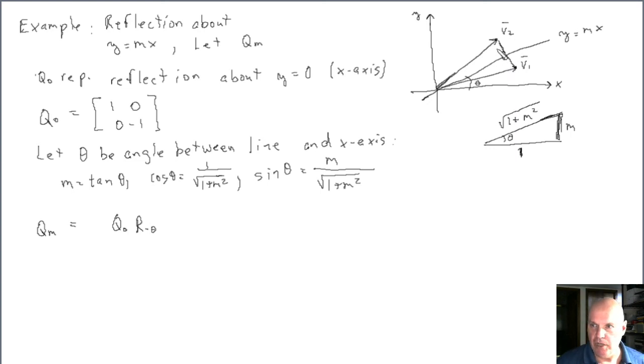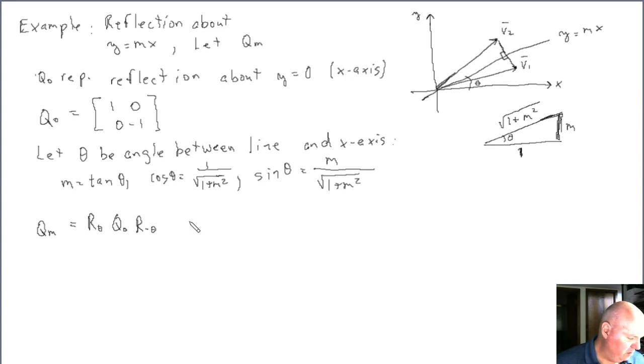I'm essentially rotating all the vectors and the line by negative theta, so the line is here. And then now I can reflect V1 above this x-axis. Then now I just have to rotate back by theta. So I can write the corresponding matrix of this reflection about an arbitrary line as a product of three matrices.